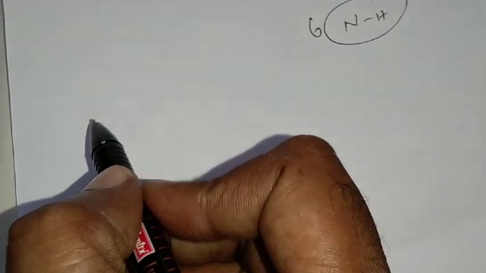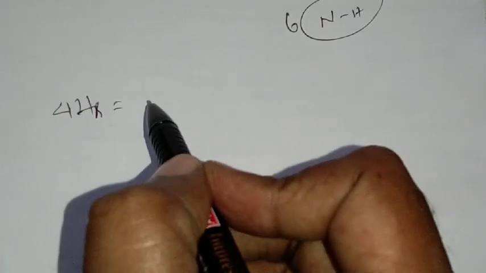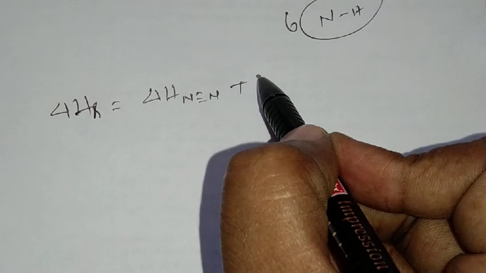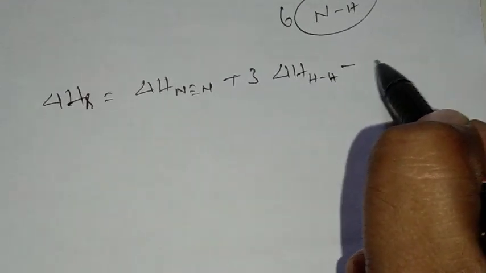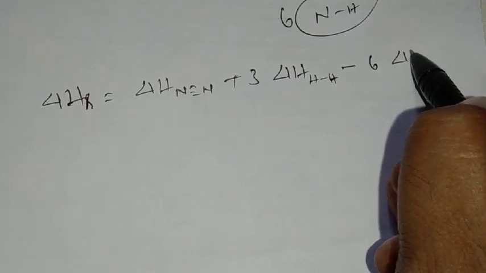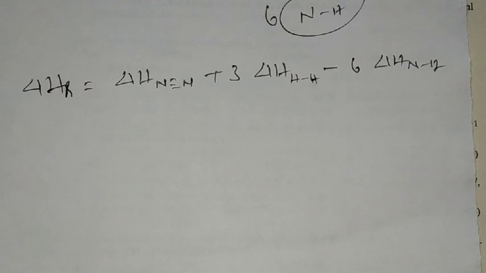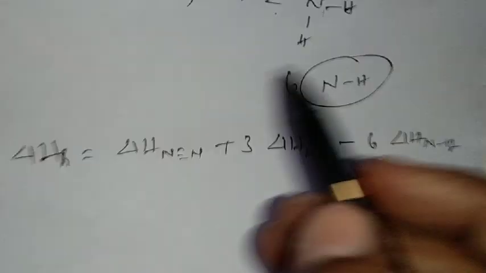So delta H of the reaction, what should we take now? Delta H of reaction equals delta H of N triple bond N plus 3 into delta H of H single bond H minus 6 into delta H of N-H. Is it okay? Just like the above model. Now here, N triple bond N value, how much is given? 945.